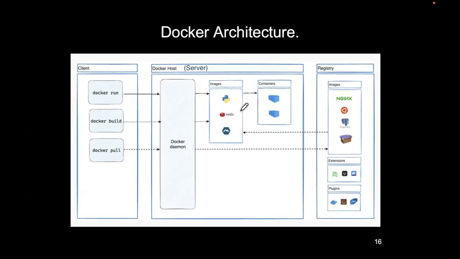If you build an image of an application that you have developed and you want to share that application with other people, then what you do is you publish the image onto a registry. There is a registry that comes with the Docker framework called Docker Hub, but there are other registries as well.